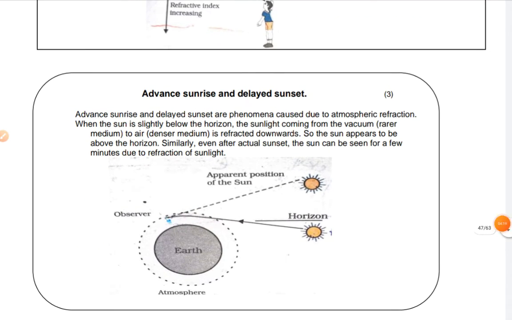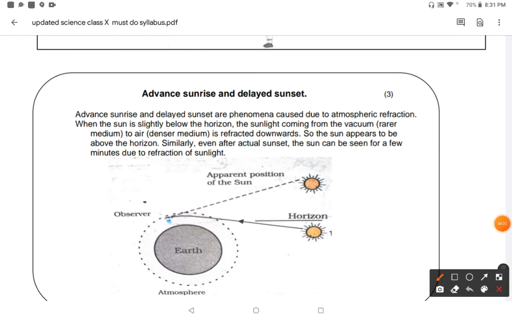Now the next daily life example is advanced sunrise and delayed sunset. The sun is seen 2 minutes before actual sunrise and 2 minutes after actual sunset in a day. Advanced sunrise and delayed sunset are phenomena caused by atmospheric refraction when the sun is slightly below the horizon. This is the horizon and the sun is below this.